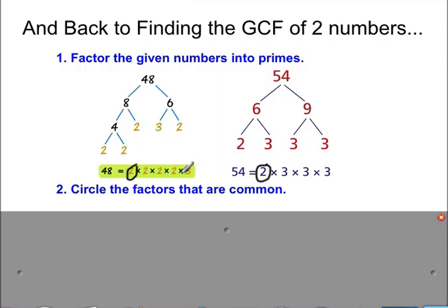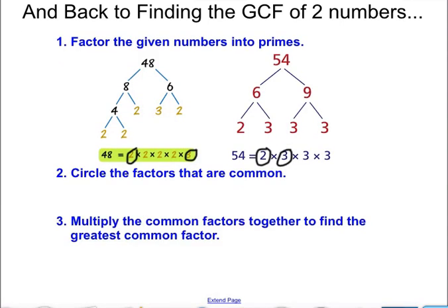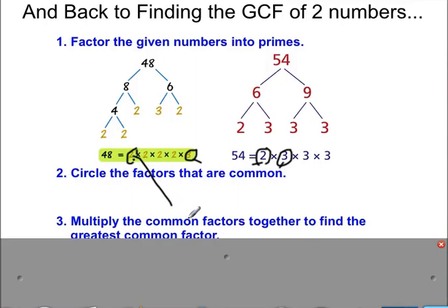So now I move on to the next number, which is 3. And 3 matches one of the 3's with 54. I don't have any other 3's that match in both, so therefore I can't circle any other matching numbers. The common factors of 48 and 54 are 2 and 3.